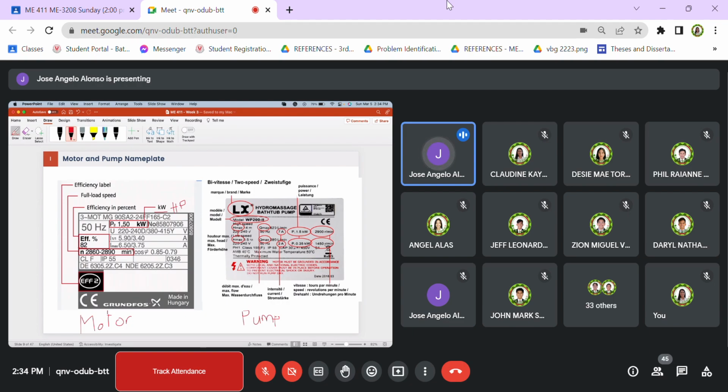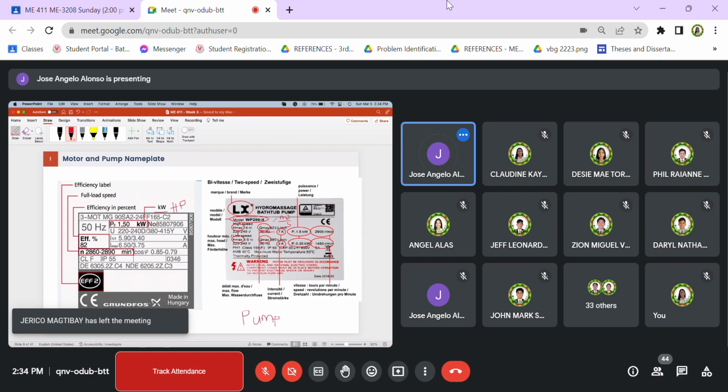On your right side naman is the pump nameplate. Wherein given dito, or makikita natin dito, ang revolution per minute ng pump, rated niya is 2,900. Same din sa power rating niya, which is 1.5 kilowatts. The volumetric flow rate, makikita natin dito in 620 liters per minute. Sometimes it will be given in cubic meter per second.